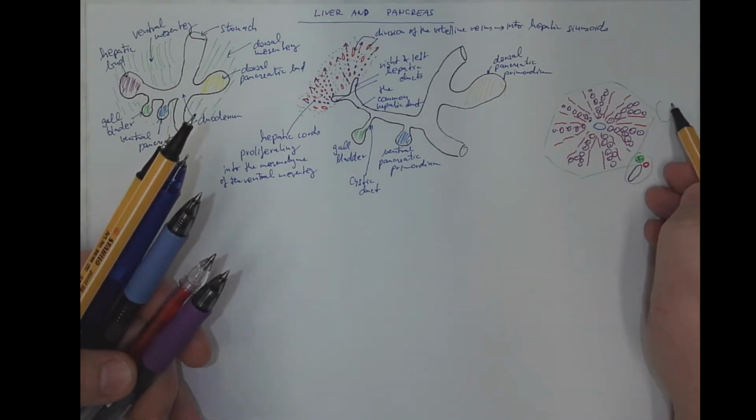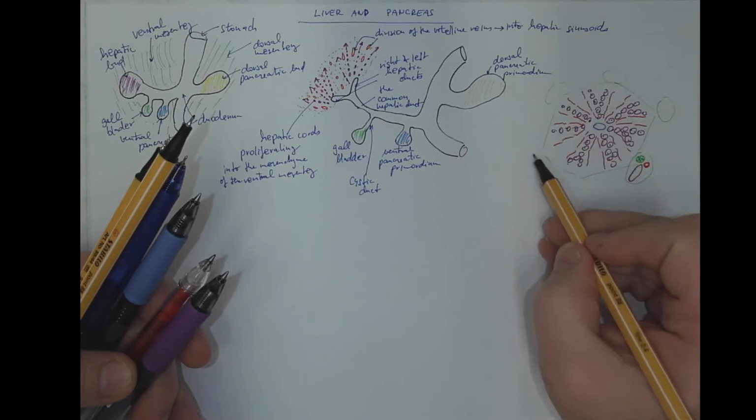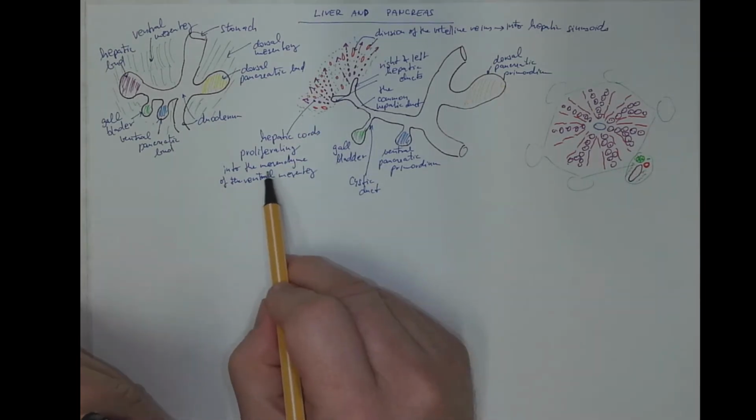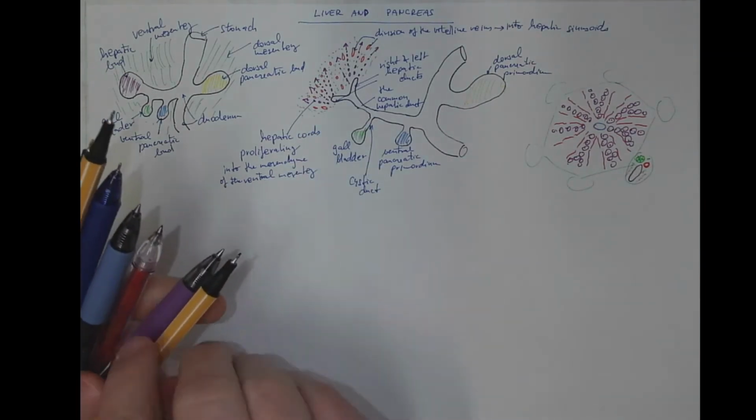And here, everywhere are these triads. So we understand that even this connective tissue here originates from the mesenchyma of the ventral mesenteries.